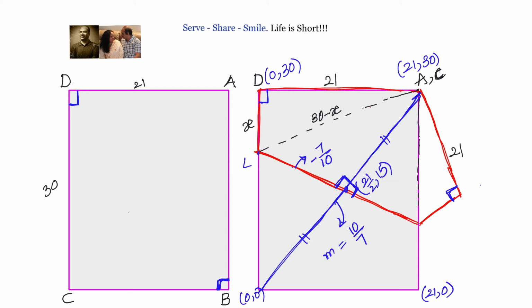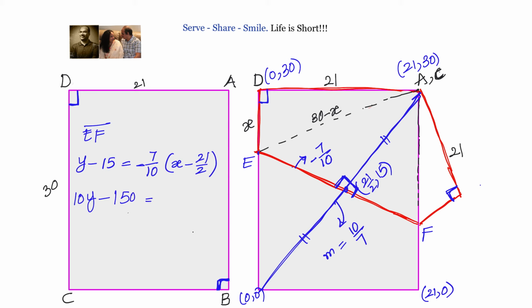Let us say this is E and F. Then we can write down the equation of EF as y minus y1, y minus 15 equals slope minus 7 by 10 into x minus x1, that is x minus 21 by 2, that is 10y minus 150 equals minus 7x plus 147 divided by 2. Now that's the equation of EF.